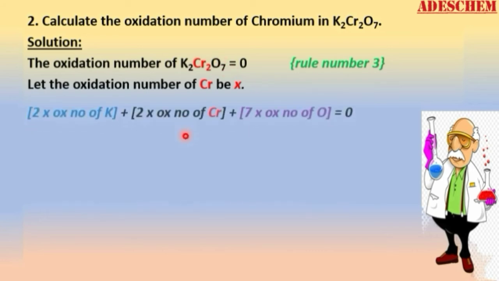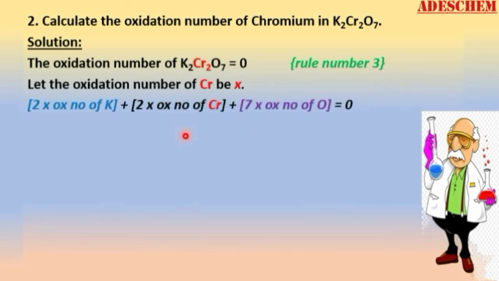So we are going to say 2 times the oxidation number of potassium plus 2 times the oxidation number of chromium plus 7, the number of atoms of oxygen, times the oxidation number of oxygen, everything equals to 0. Now the oxidation number of potassium is going to be plus 1 because potassium is a group 1 element.